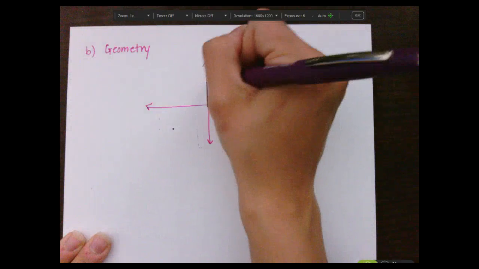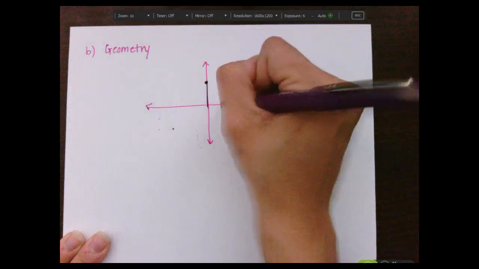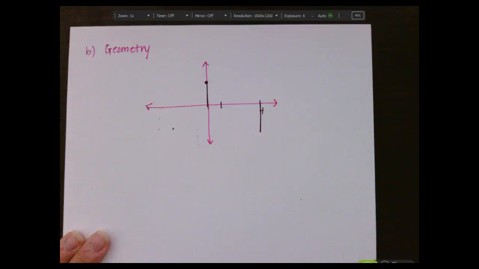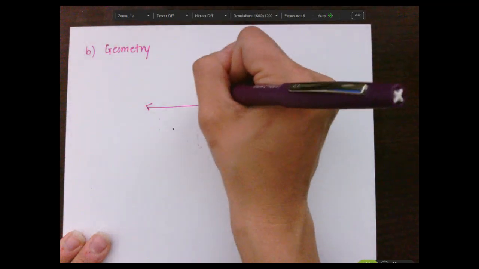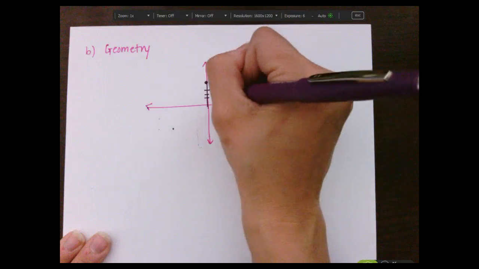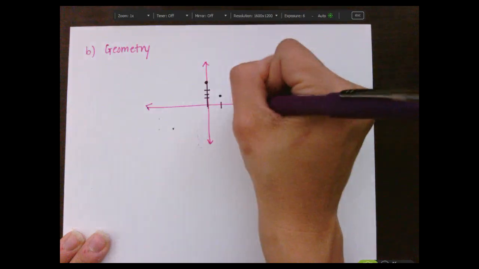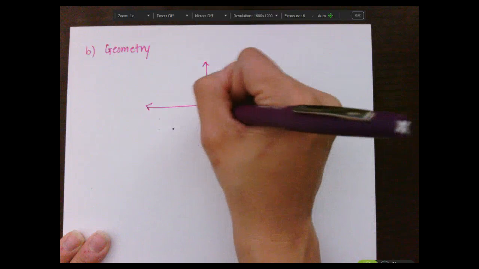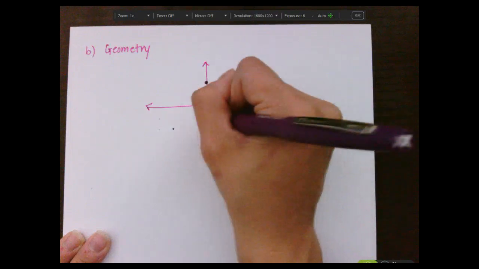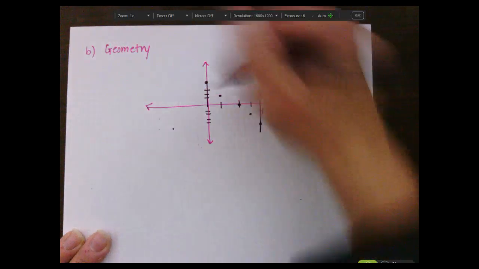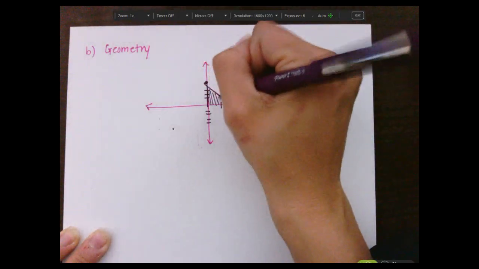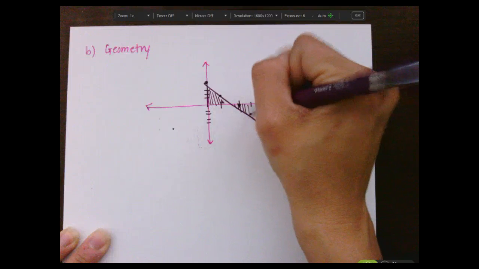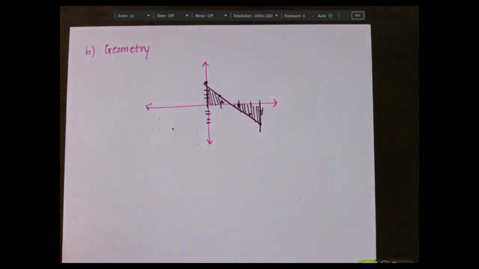And if I graph it, I have the point 0, 4, the point 1, 2, the point 2, 0, the point 3, negative 2, and 4, negative 4. So once again, my graph looks like this, and I have these 2 triangular regions.